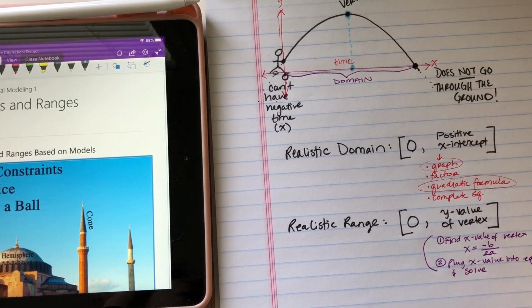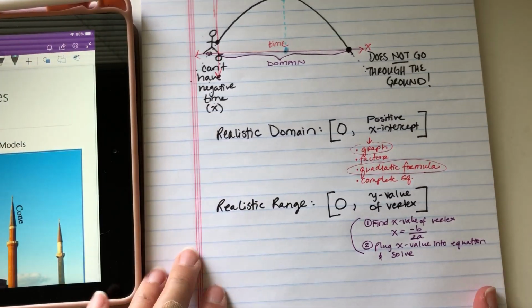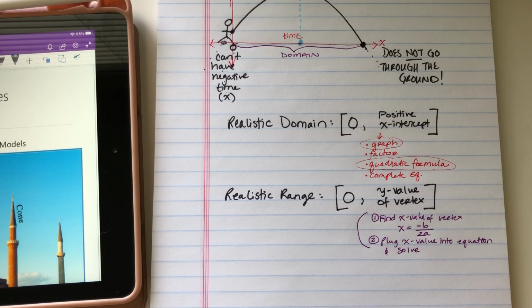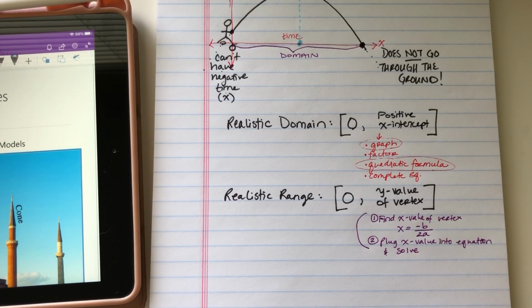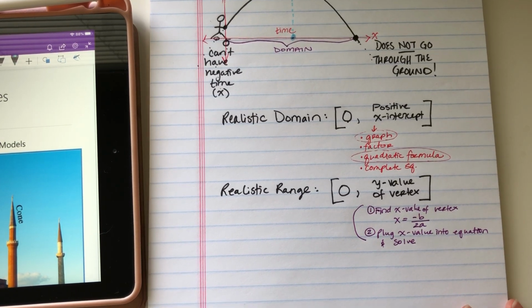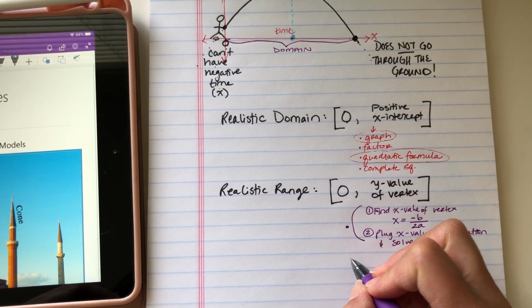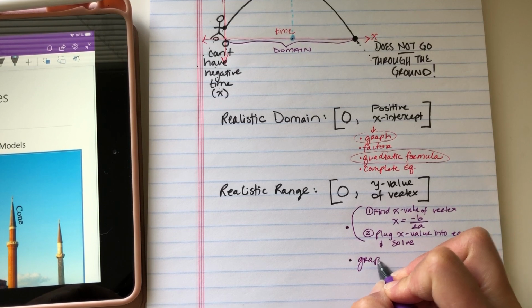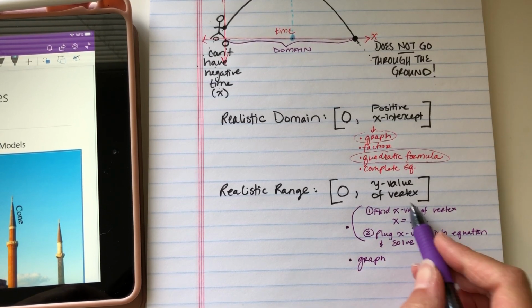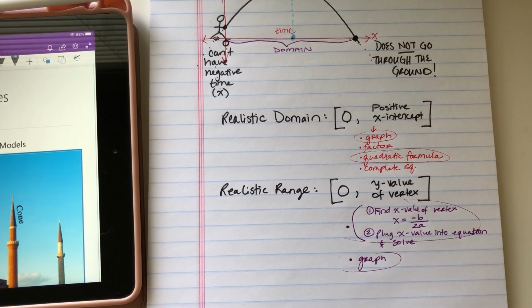Okay, that's one way that you can do it. The other way that you can do it is by graphing. And I'm going to show you both of these versions.